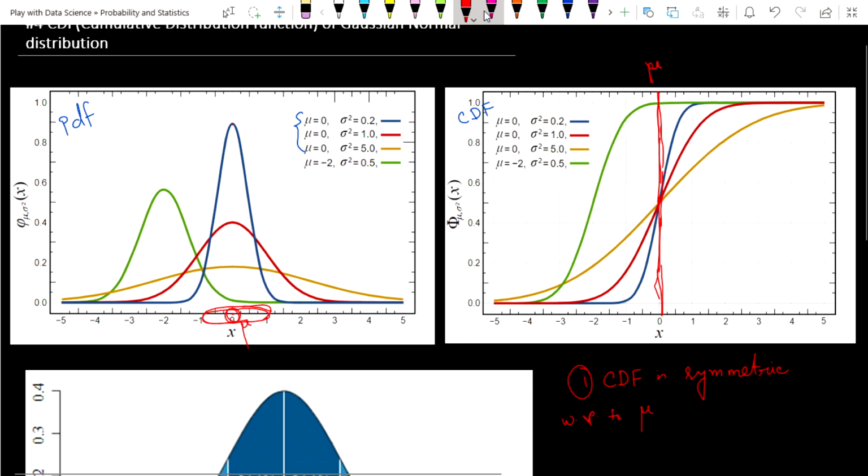Now the second observation: if I give you the probability of the random variable x being less than or equal to the point mu, this means 0.5.